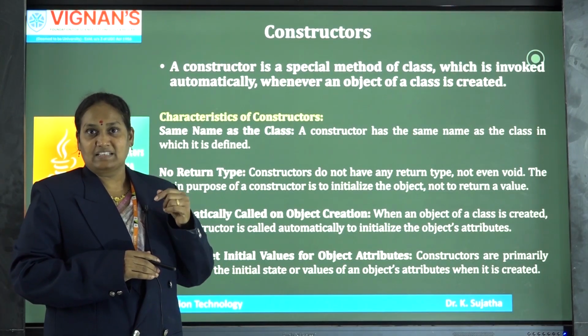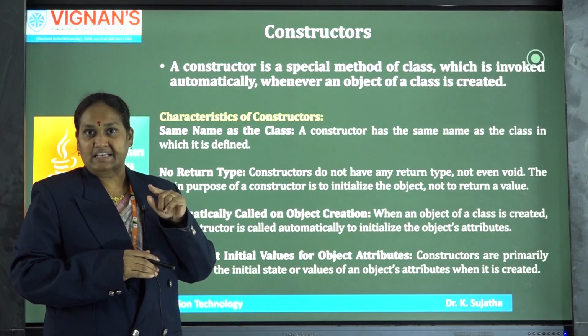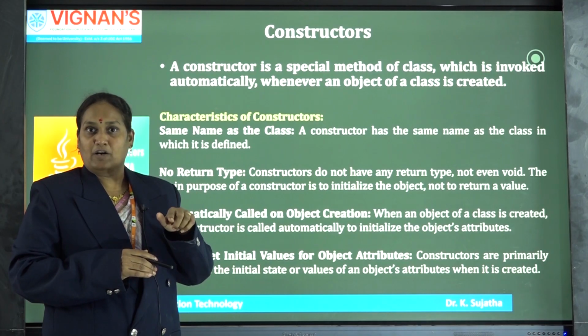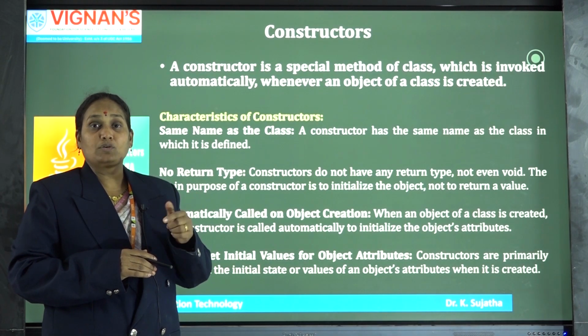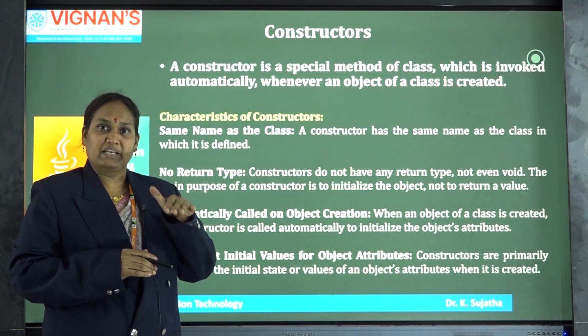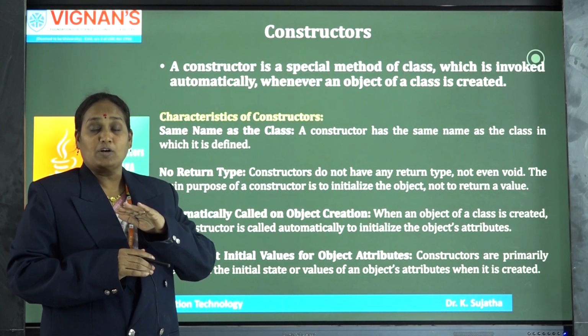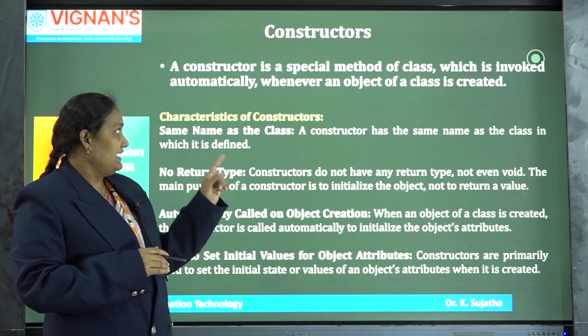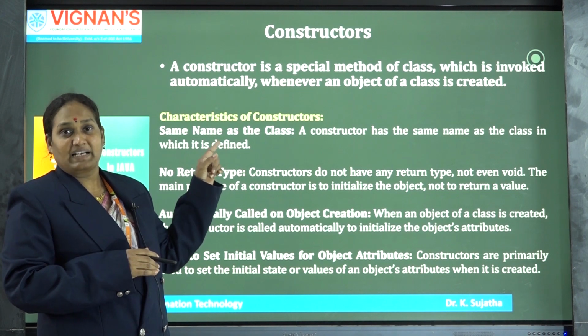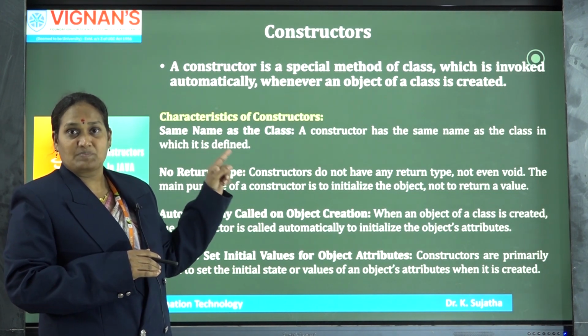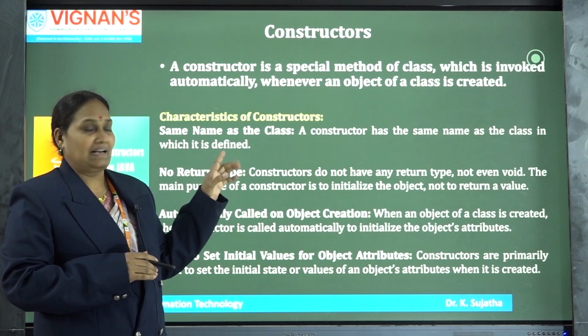We know that a method cannot be automatically invoked. We need to create an object for the class and access the method by using that object. It cannot be automatically invoked. But a constructor can be automatically invoked whenever an object is created for that class.